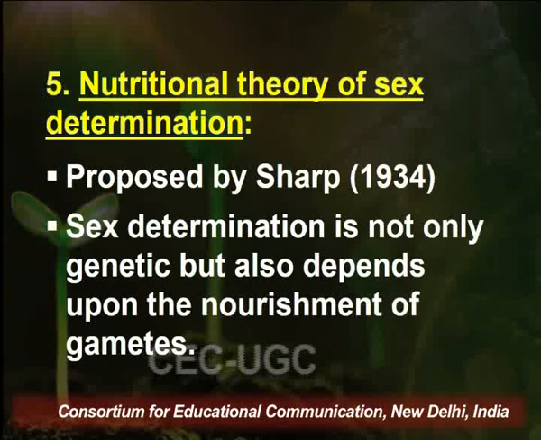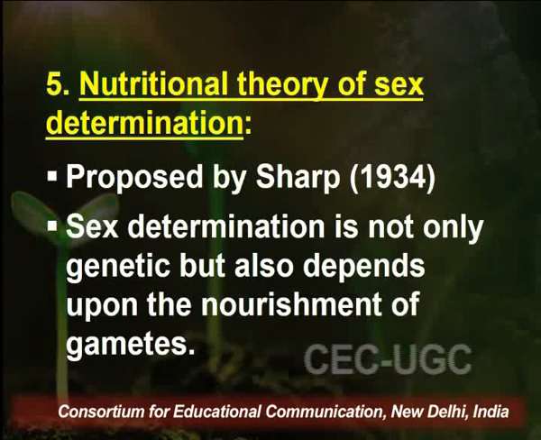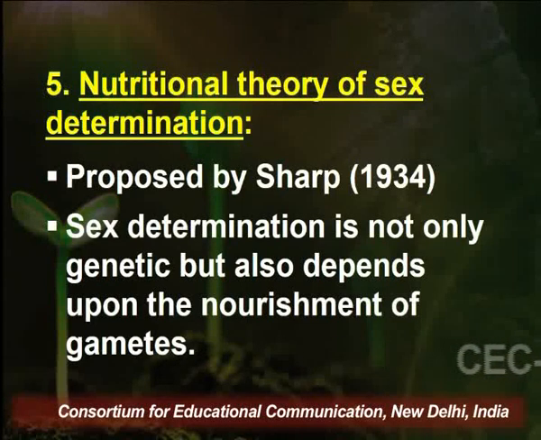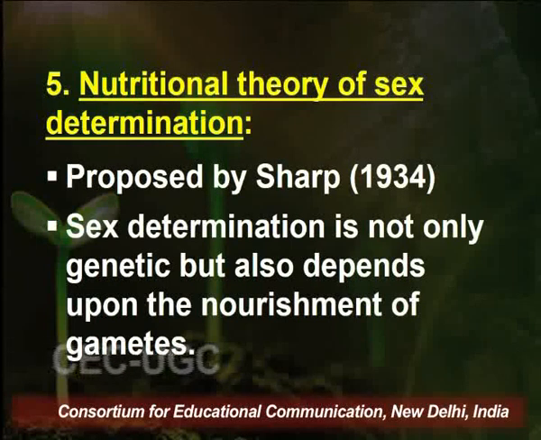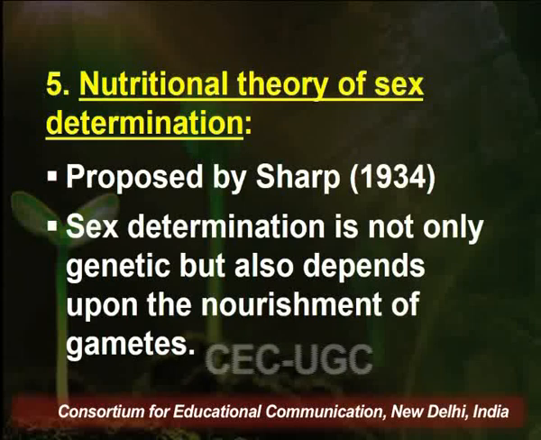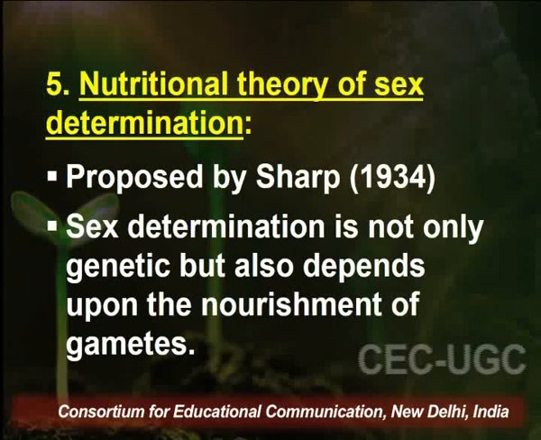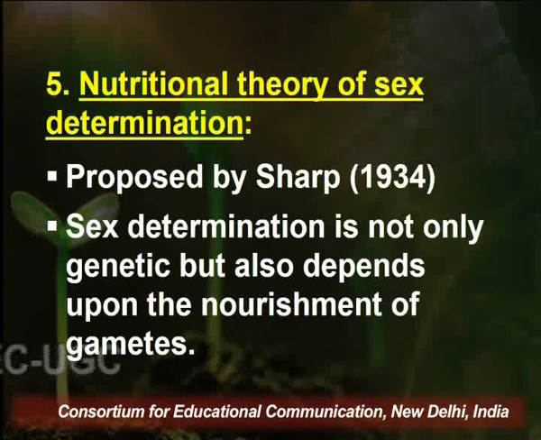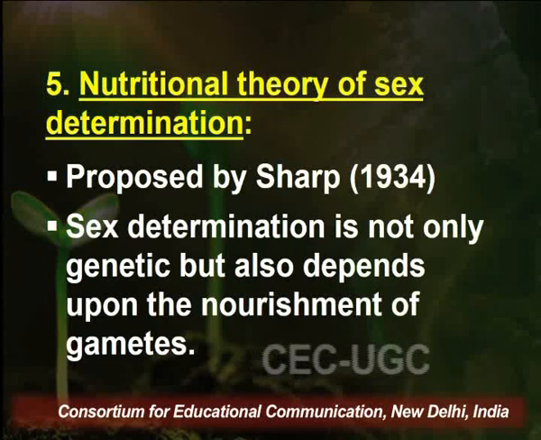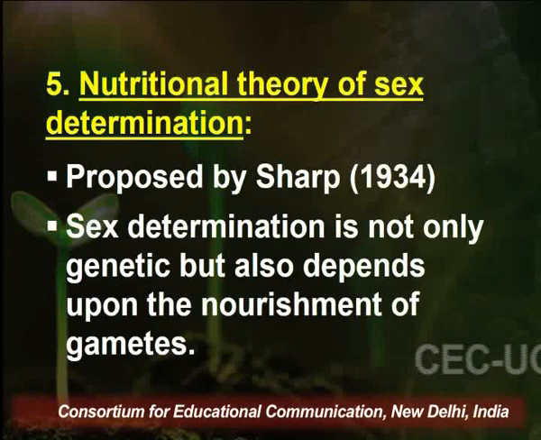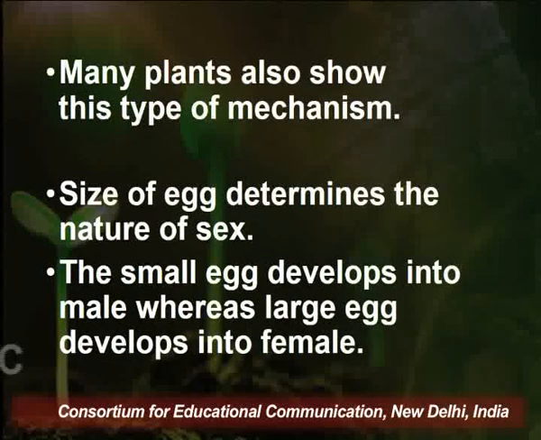There's another theory, which is the nutritional theory, and this was proposed by Sharp, and this says that it's not only the genetics which dictates the future sex of an individual, it also depends upon the nourishment of the gametes. Obviously, size would also be a consideration in that. So many plants would also show this type of mechanism.